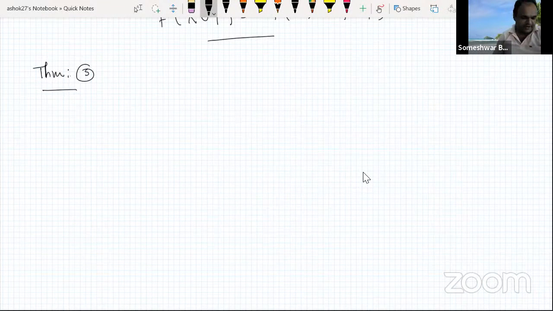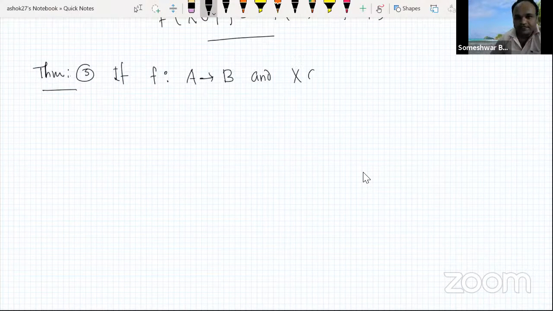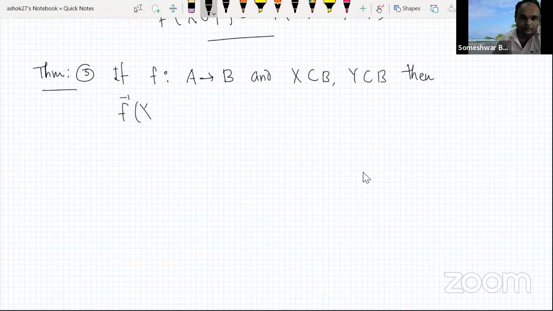The statement is that if f is a mapping from capital A to capital B, and capital X is a subset of B, and capital Y is also a subset of B, then f inverse of X intersection Y will be equal to f inverse of X intersection f inverse of Y.